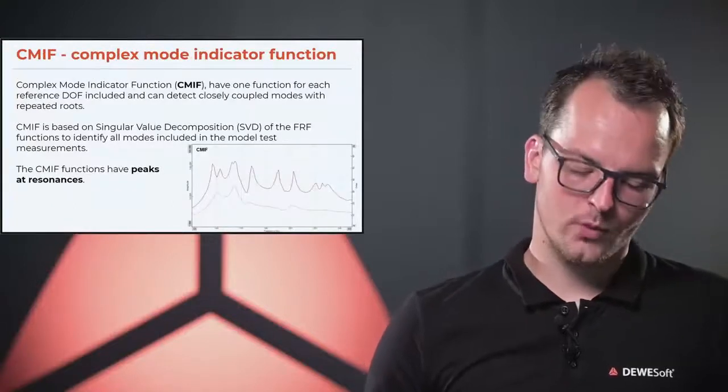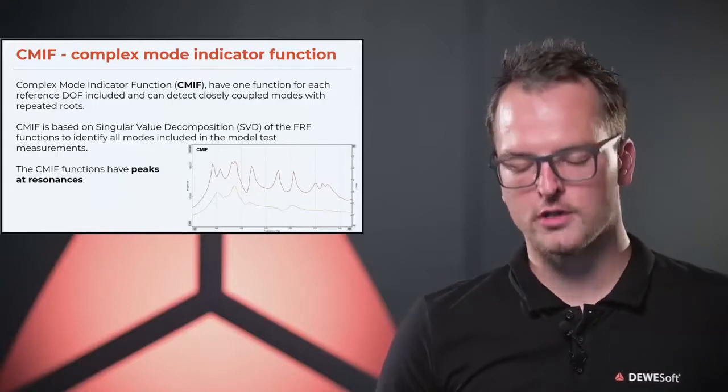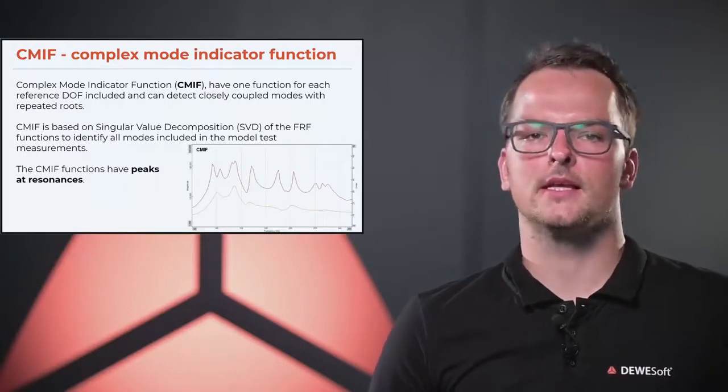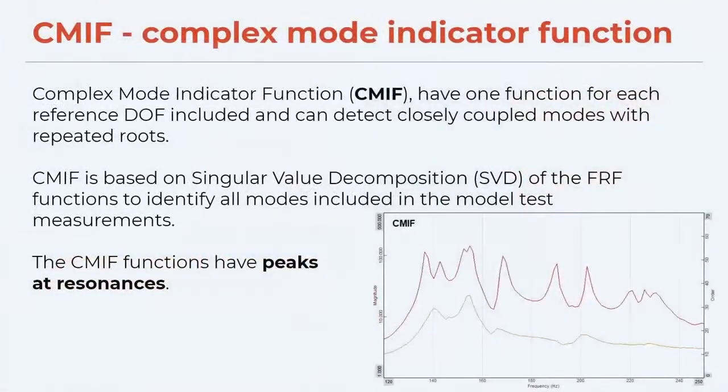In Dewesoft, one of the parameters that we calculate in the modal analysis module is the complex mode indicator function. Each degree of freedom has its own complex mode indicator function, and this is the advantage of the function: it can detect closely coupled modes with repeated roots.